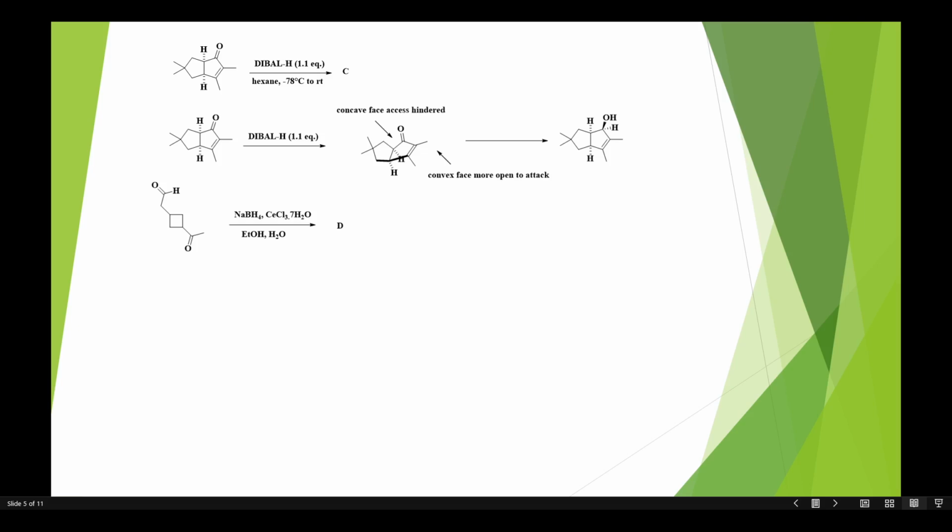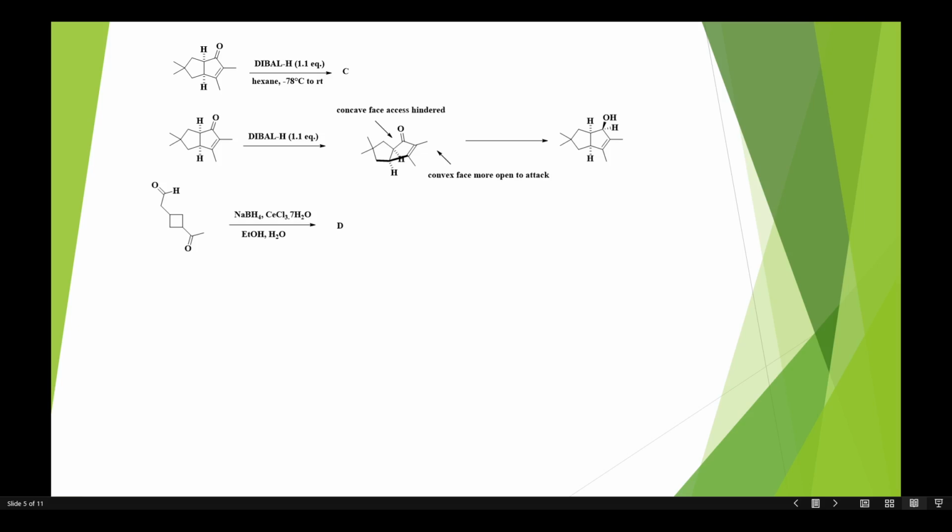And now, can you expect what the product will be in this case? Yeah, this is a very simple question, I think. Maybe then you would know the hydride source. This is sodium borohydride and cerium trichloride heptahydrate.